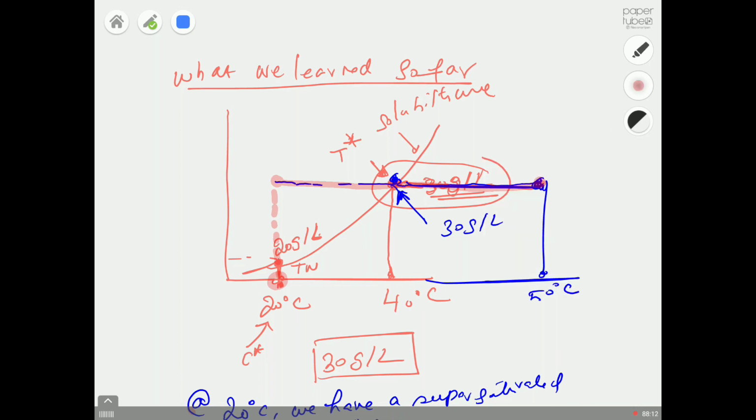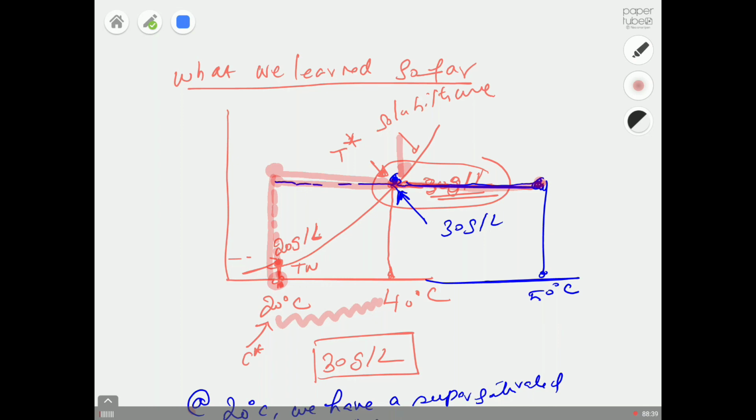You are adding 30 grams per liter at this point, follow the red highlighter, and then we are cooling back, follow the highlighter again, to 20 degrees centigrade. Your solution remains in a completely liquid phase. There is no solid formation, no crystallization.